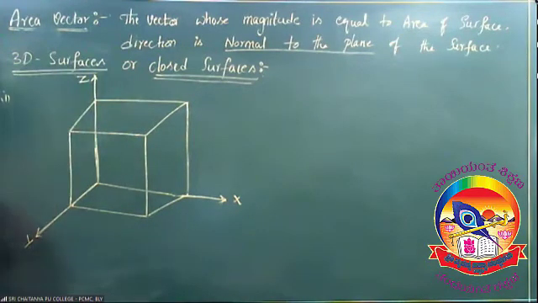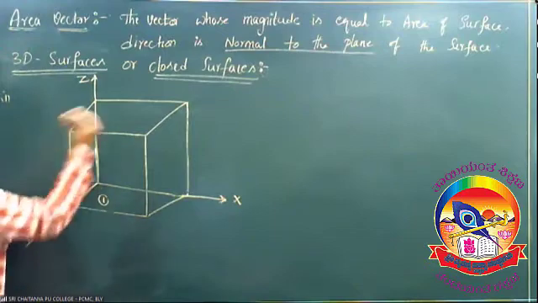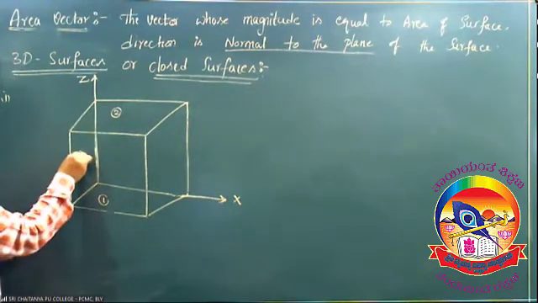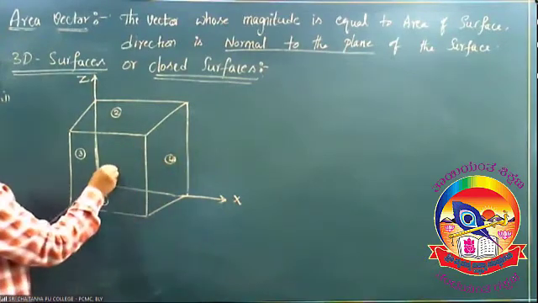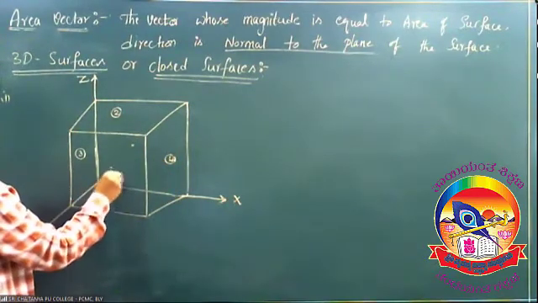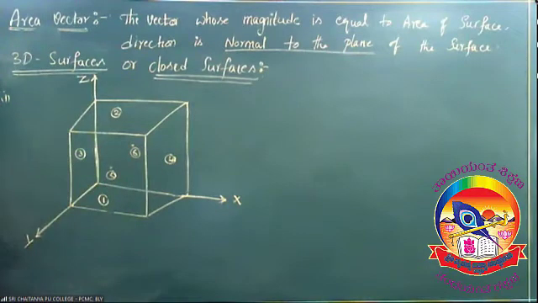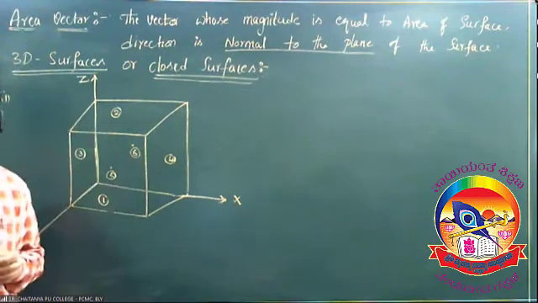X, Y, Z. Okay. Now I am taking names of the planes. This is plane 1. This is plane 2. This is plane 3. This is plane 4. And the other two planes, 5 and 6. I hope you understand. For a cube, there are 6 planes, right?